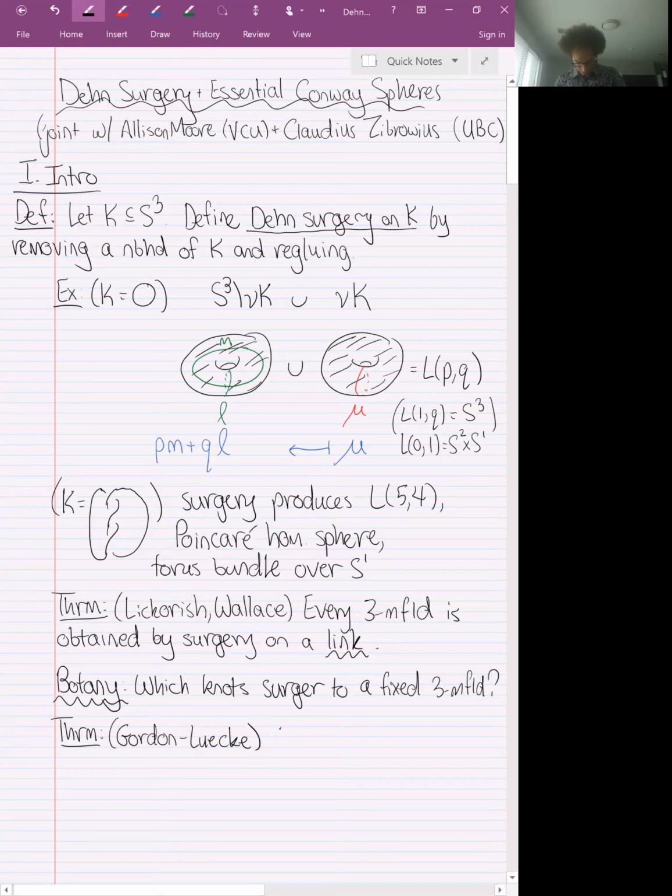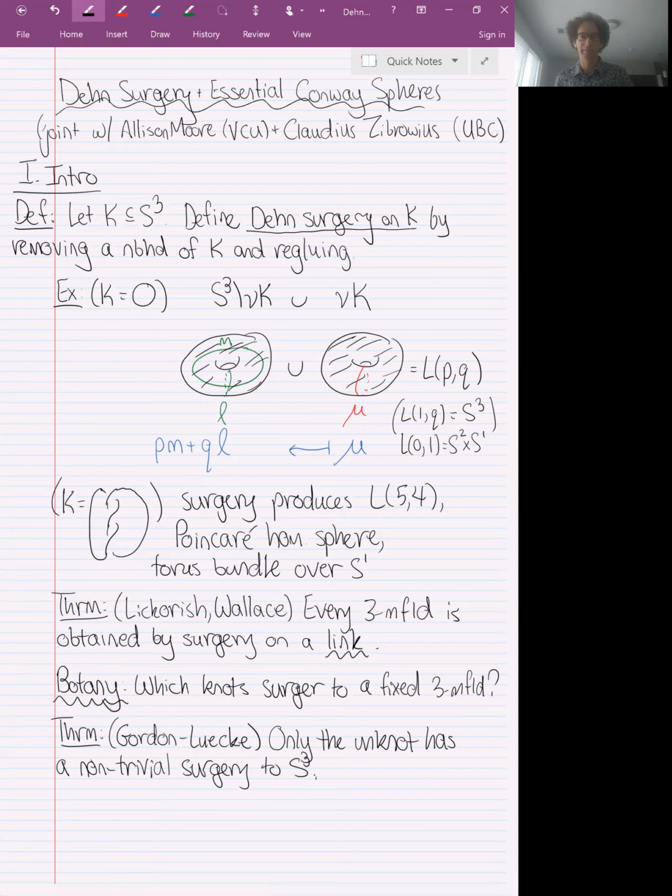It says only the unknot has a non-trivial surgery to S3. So we saw above that for the unknot, if I send mu to m plus any multiple of L, that'll give me a non-trivial gluing that's reproducing S3. And the unknot is the only knot that has this property.